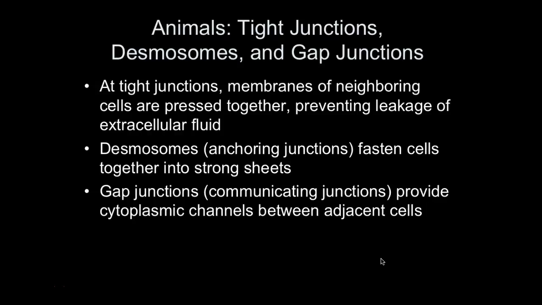Tight junctions are membranes of neighboring cells that are pressed together, preventing leakage of extracellular fluid. These are very typical of cells that would make up our stomach, because we don't want the contents of the stomach to be leaking into our body cavity. Desmosomes are anchoring junctions. They fasten cells together and allow them to form strong sheets. And then gap junctions play a role in communication. So these are communicating junctions that provide cytoplasmic channels between adjacent animal cells.